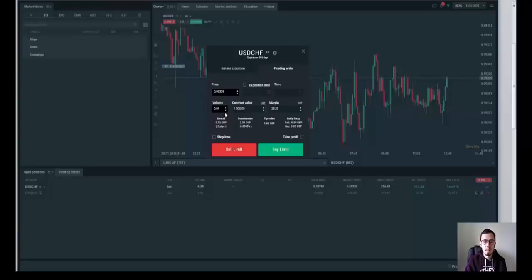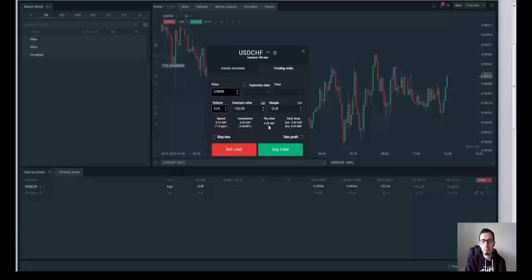So here you can see the price I will enter the trade at, and here you can see the volume. If you increase the volume, you will see that your PIP value increases. Now you can see that this PIP costs 0.08 GBP, British pound pence.